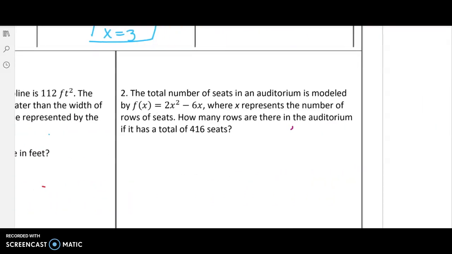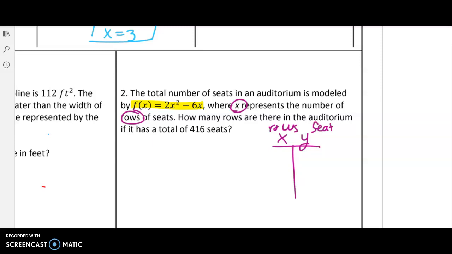So let's go ahead and look at number 2, which is very similar. We have an auditorium that has rows and it has seats. This is the equation that represents that, keeping in mind that x represents the number of rows, okay? And so if I were to make a table of this, for instance, x represents the number of rows and y would represent the number of seats, okay?